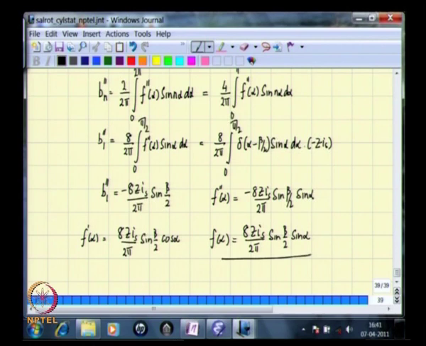So this is the function that we were looking at that represents the fundamental component of the MMF distribution.